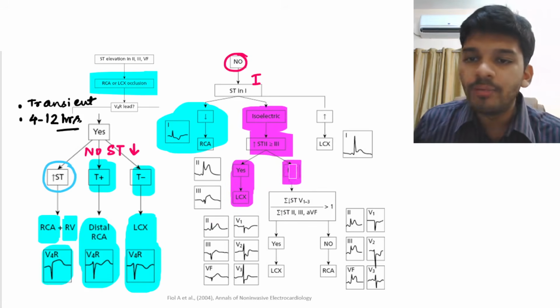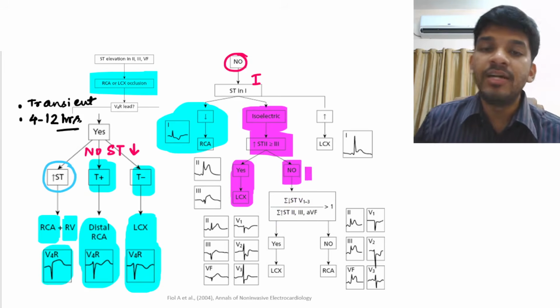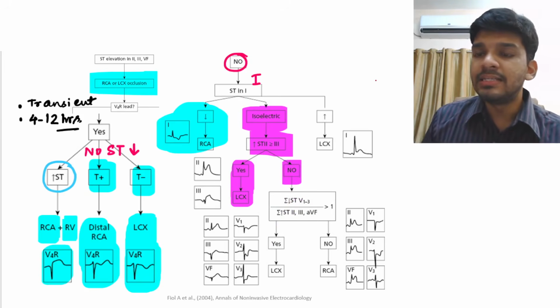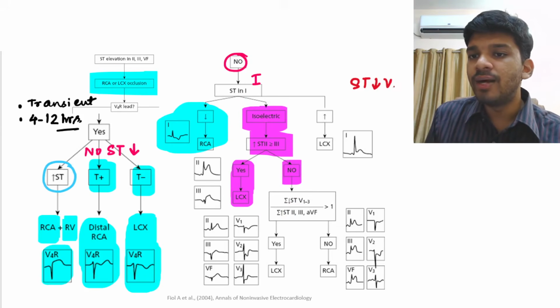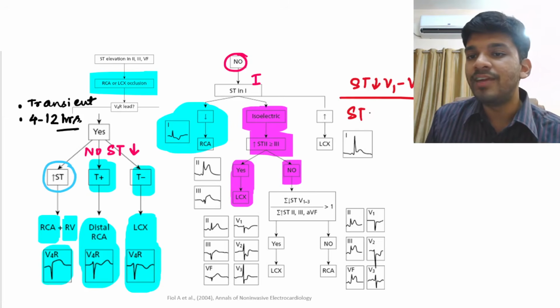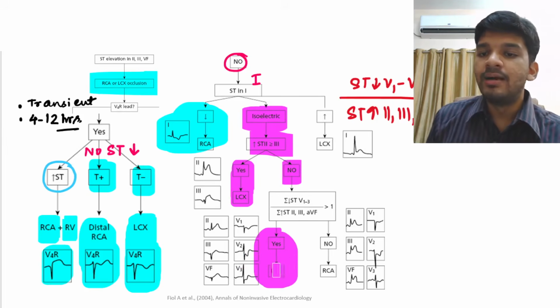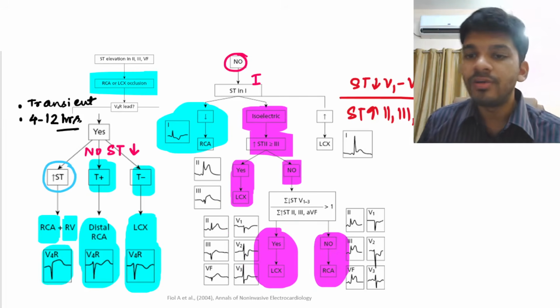If that criteria is not met, one other useful feature was whether ST depressions in V1 to V3 are present. That indicates that the inferior wall, the posterior wall is being involved. So if the ST depressions in leads V1 to V3 are more prominent as compared to the ST elevations in 2, 3, aVF, that means their ratio is more than 1, it is in favor of LCX, whereas if that is not the case, it is in favor of RCA.